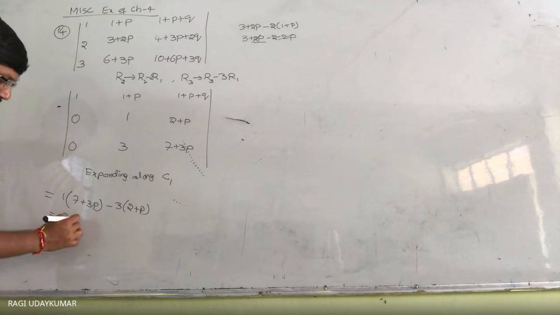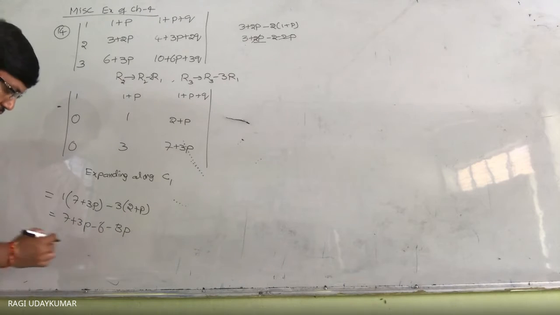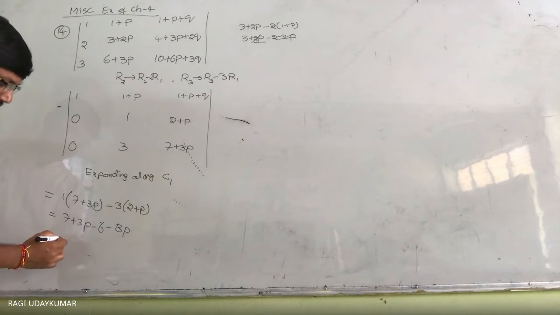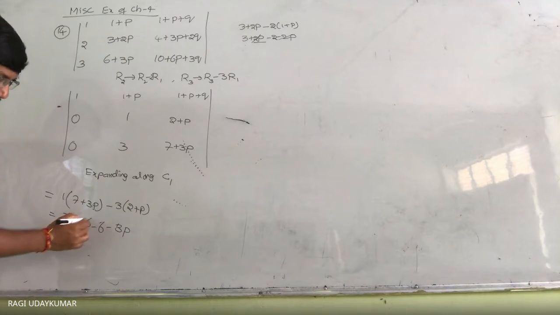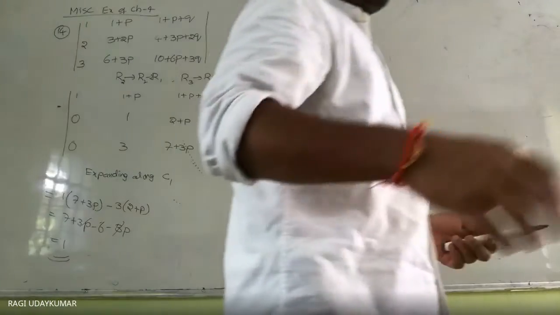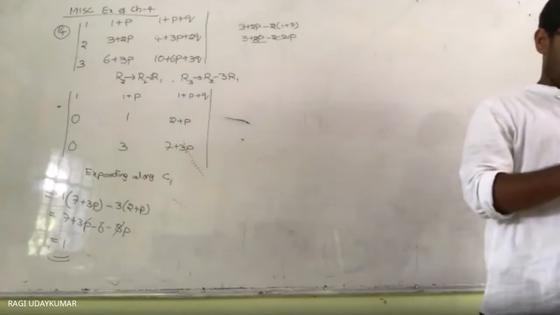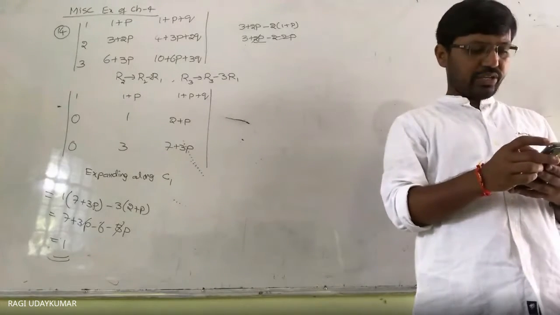We'll get 7 plus 3p minus 6 minus 3p, which is 7 minus 6 equals 1. 3p will get cancelled. The determinant value is equal to 1. Okay? Did you understand? Yes, yes, sir.